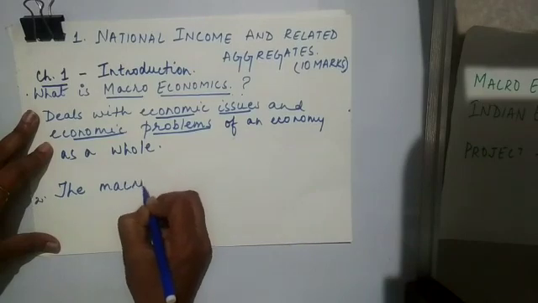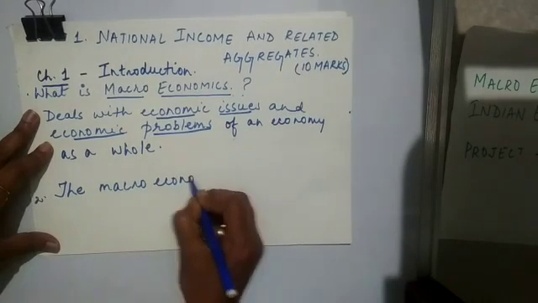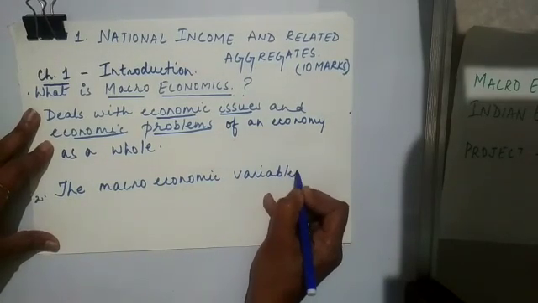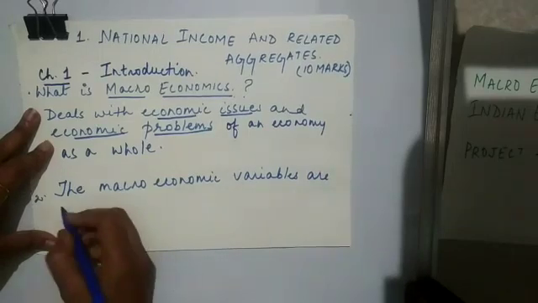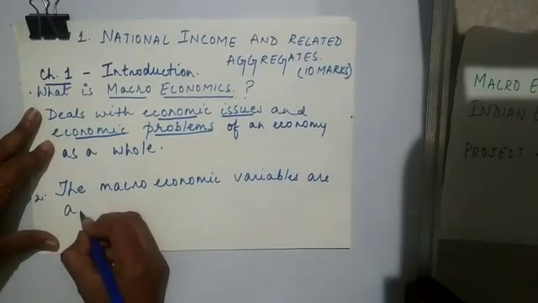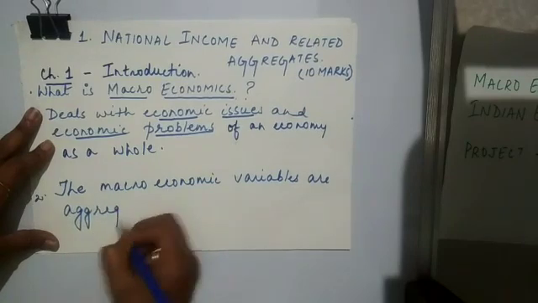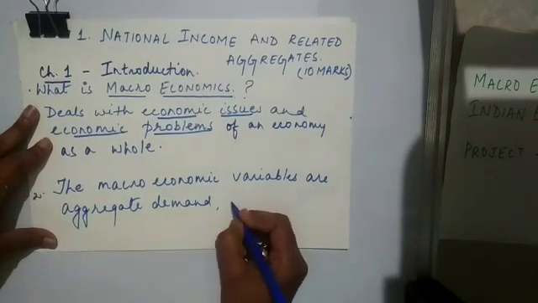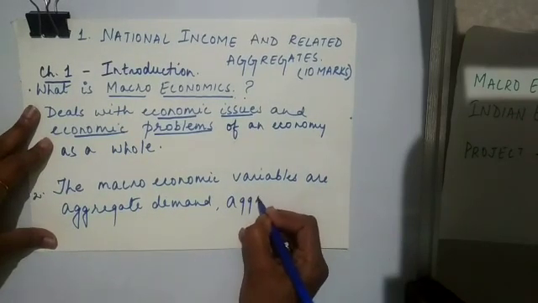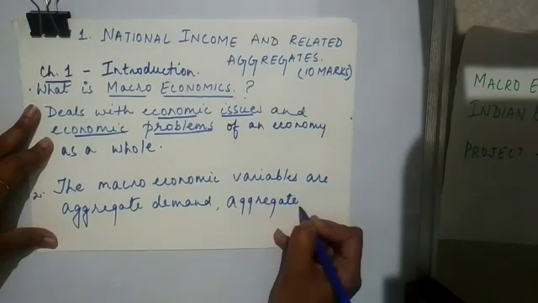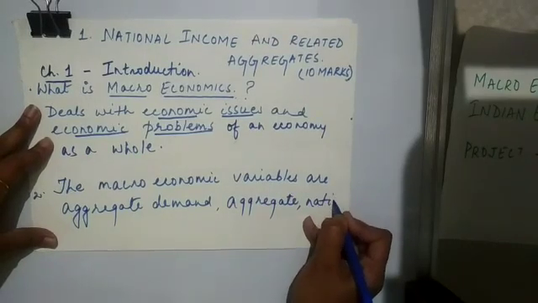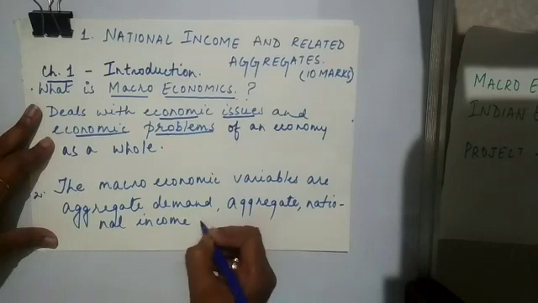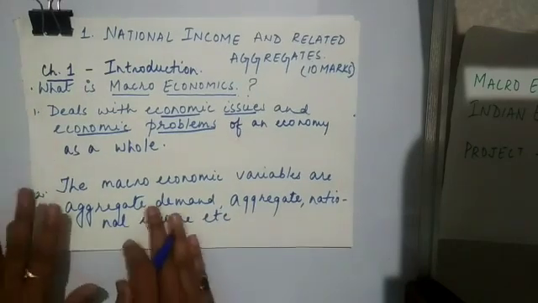macroeconomic variables. For example, we'll take aggregate demand, aggregate supply, national income, etc. These are the macroeconomic variables.